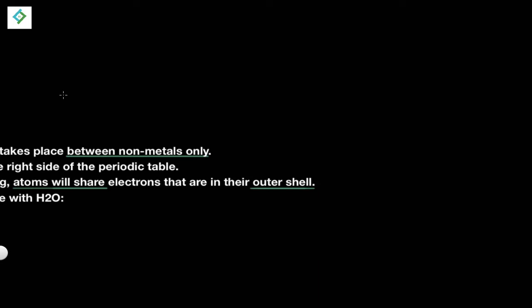So the way in which you calculate the number of electrons that fit in each shell is that you take the formula 2n², that is, 2 times n to the power of 2, where n is the number of the shell that we're talking about. So if we're talking about the first shell, that means we only have 2 electrons that fit in it.